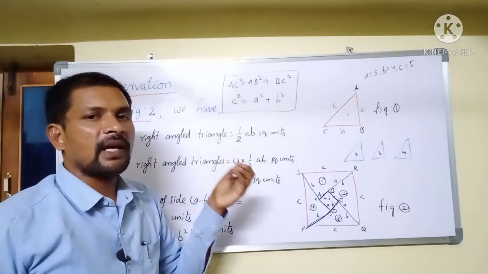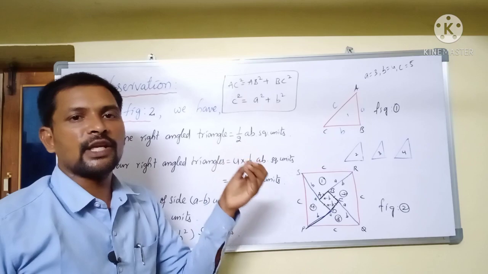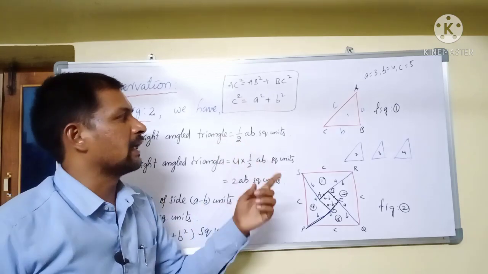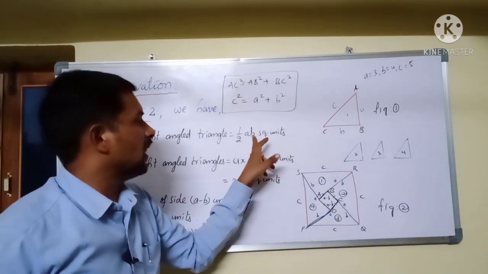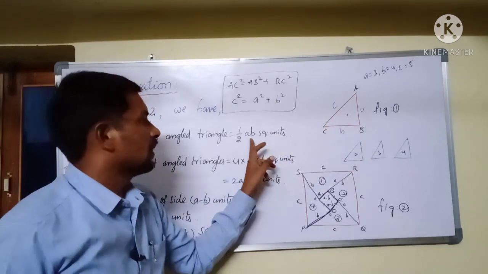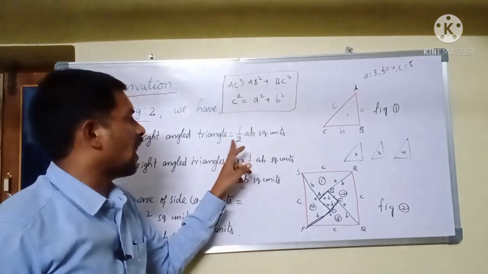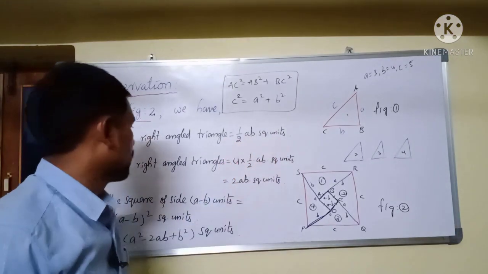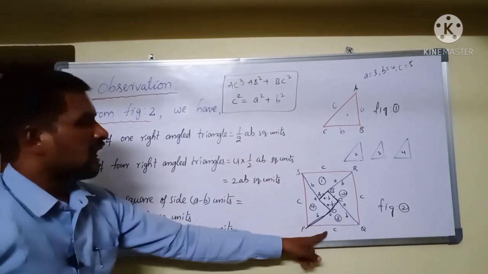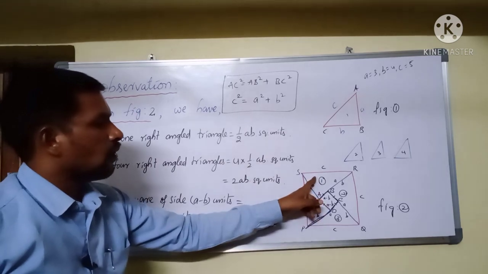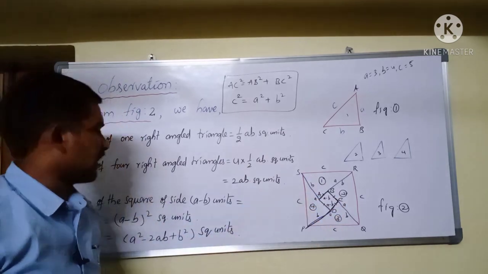Area of a right angle triangle is half into base into height. Here base is B and height is A, that means B into A or A into B, half AB square units.